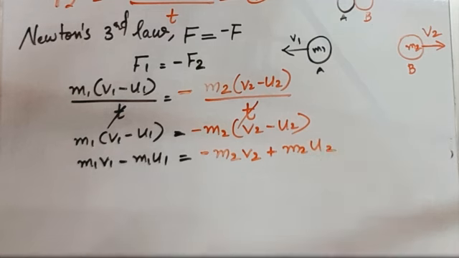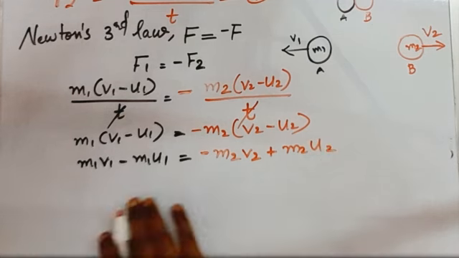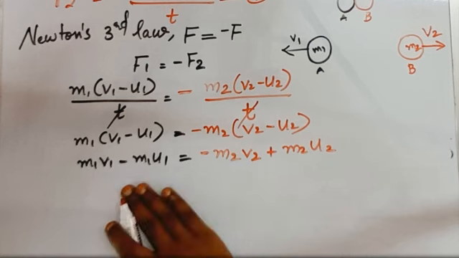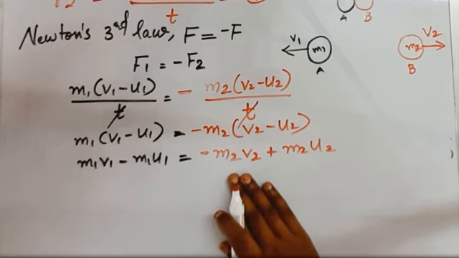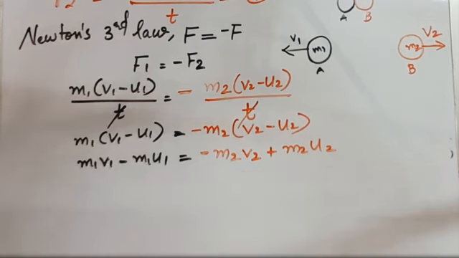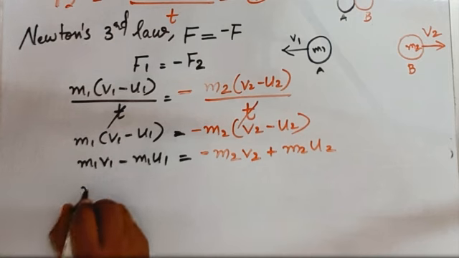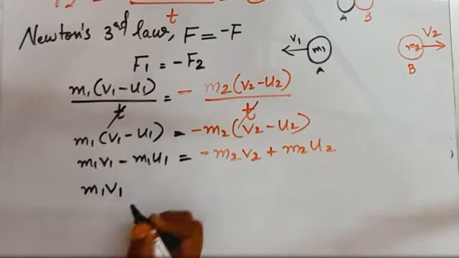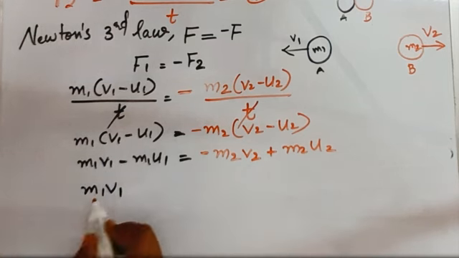Then here we have to rearrange, with the initial momentum on one side and the final momentum on the other side. So finally we will get M1 V1, with the final momentum on the left side.